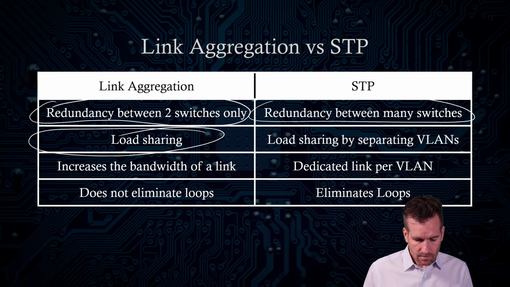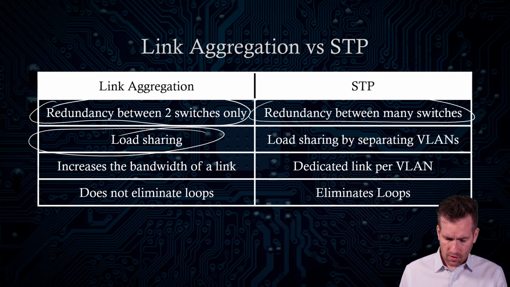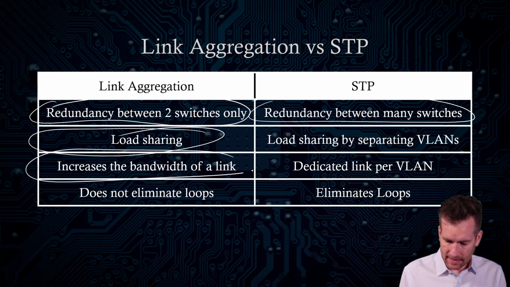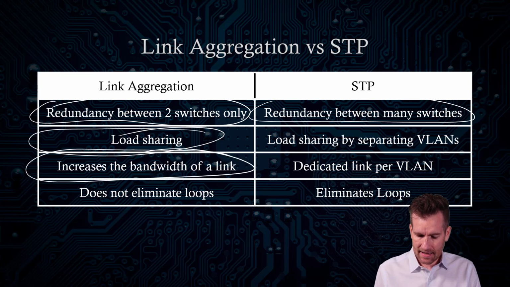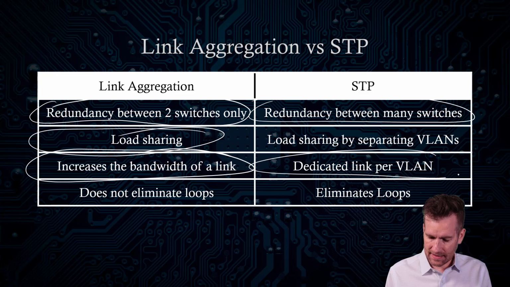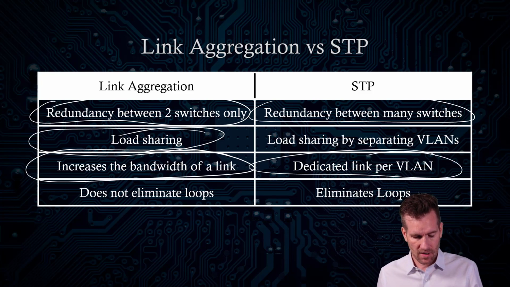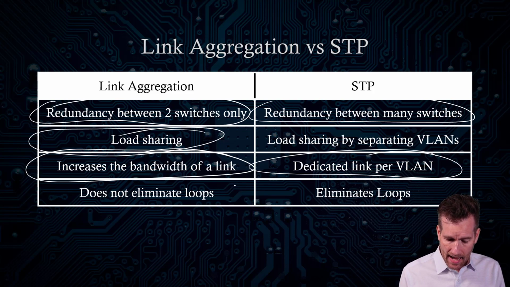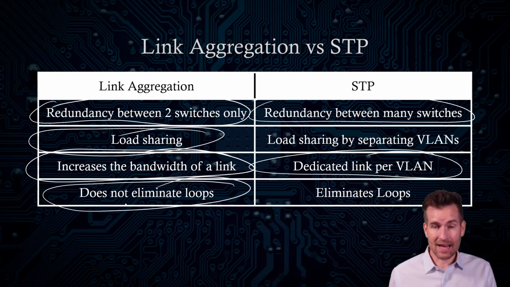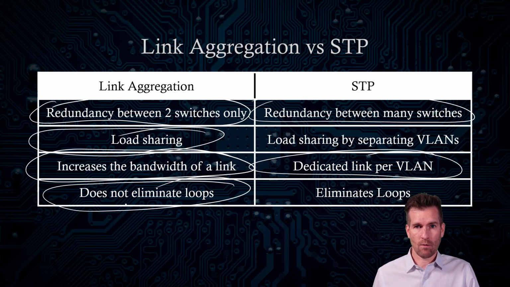All right. Link aggregation increases the bandwidth of a link. And once again, spanning tree protocol has just a dedicated link per VLAN, very similar to what I just mentioned. Link aggregation does not eliminate loops that happen within your network.